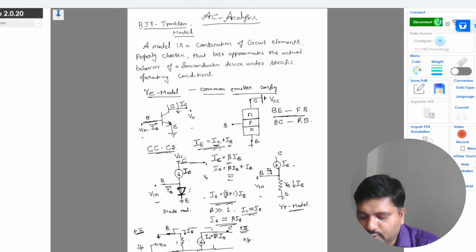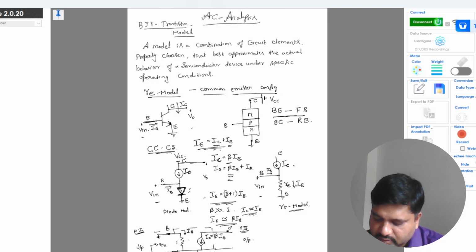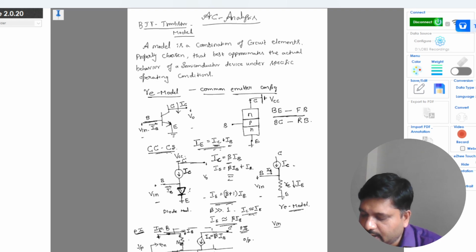This is my input impedance, seen between Vin and Iin. So Zin is Vin by Iin. Here Iin is my IB, and Vin is base to emitter VBE. So I can write Zin as VBE by IB.